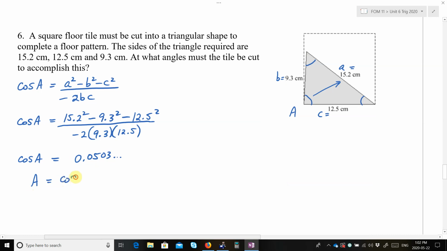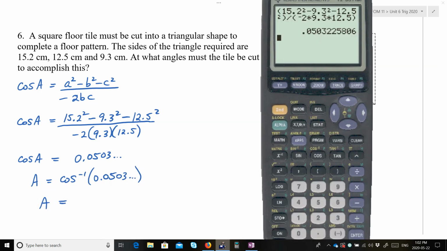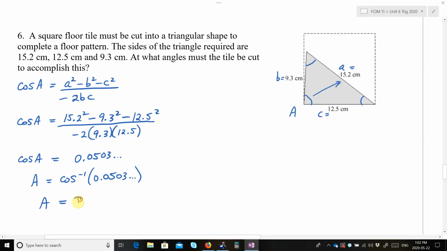So A is equal to cos inverse of that ratio. And so angle A to the nearest degree is, shift cos of that answer, 87 degrees.